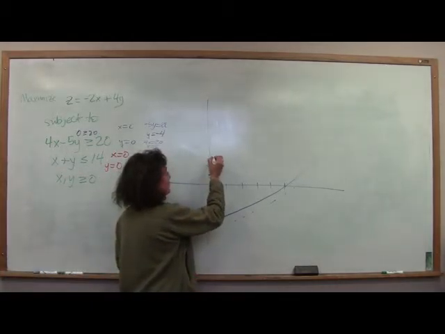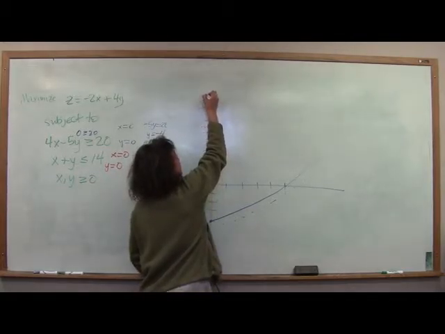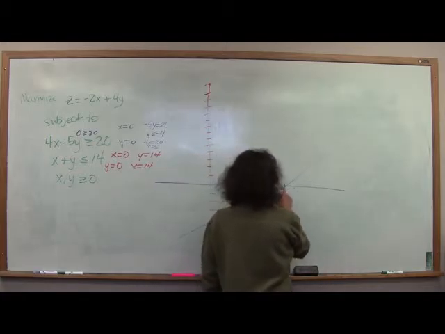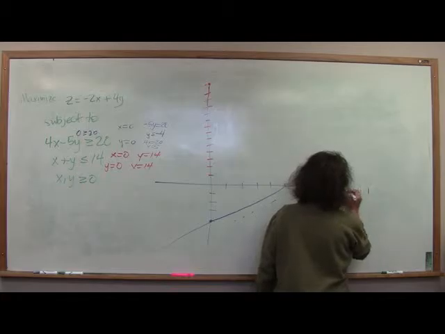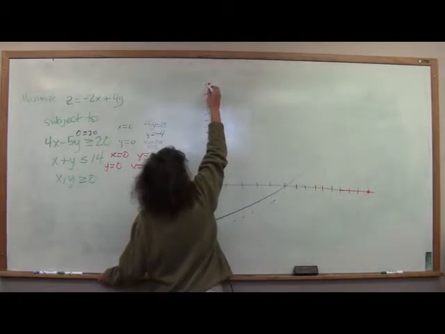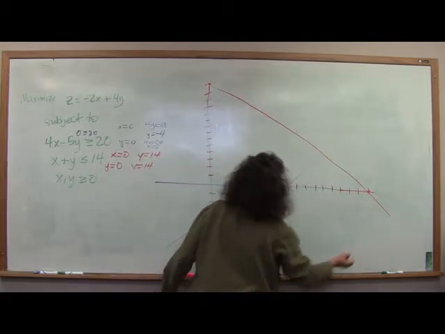So 1, 2, 3, 4, 5, 6, 7, 8, 9, 10, 11, 12, 13, 14. And 1, 2, 3, 4, 5, 6, 7, 8, 9, 10, 11, 12, 13, 14. Oh boy, this is not going to be a very straight line, but I'll do the best I can. There we go.